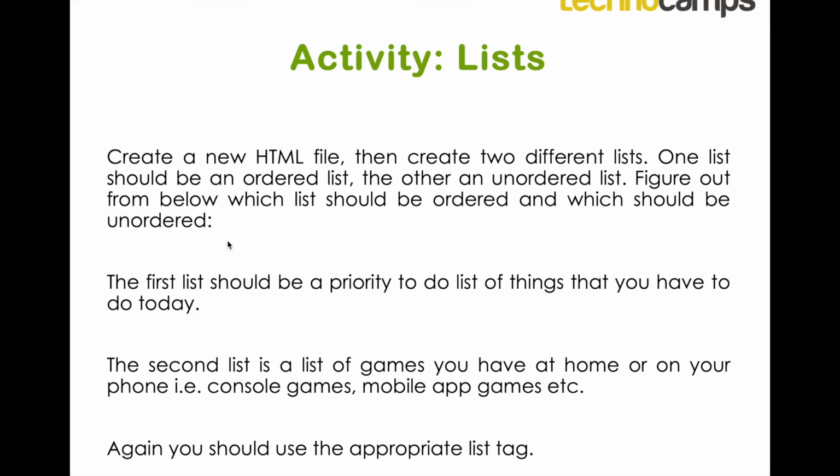The first list should be a priority to-do list of things that you have to do today. And the second list is a list of games you have at home or on your phone. These could be console games or mobile apps, etc. The important thing is you need to figure out which one should be ordered and which one should not be ordered.